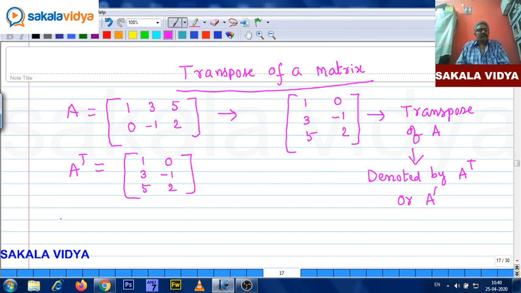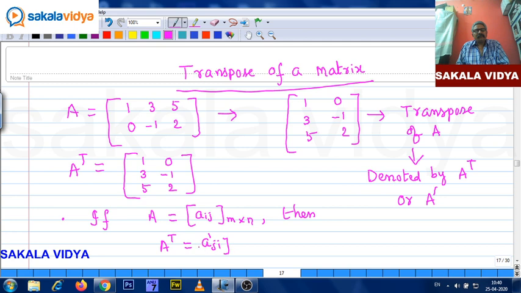So now if A is equal to Aij of order m by n, then A transpose is given by A dash ji. That means row becomes column, column becomes row.